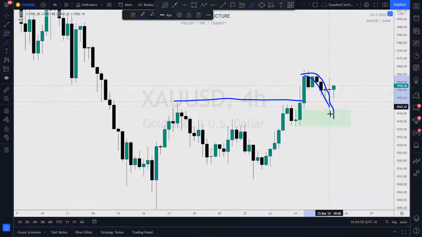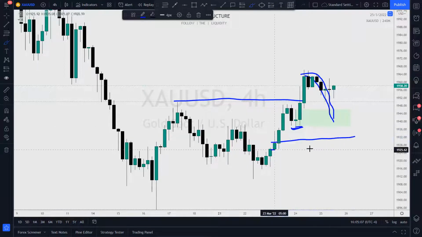I believe this is a shallow impulse, and I think there's a chance that we may go a little lower than here. I'm going to look for the unmitigated zone of demand for price to come to.